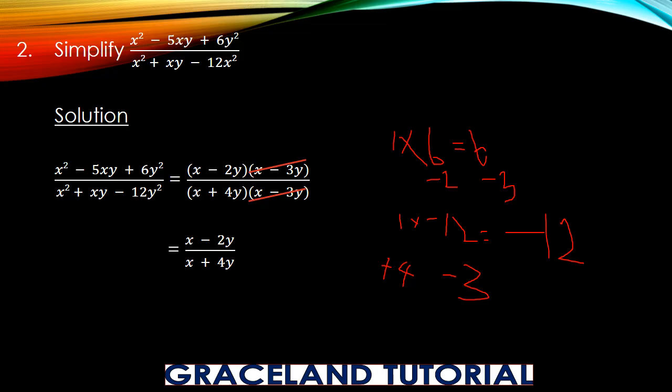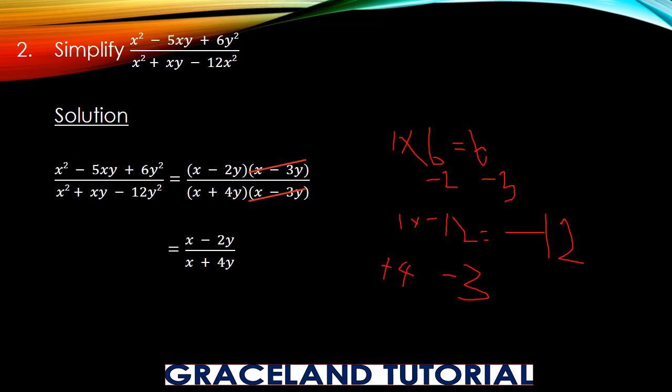Now, the numbers are minus 2 and minus 3. If I multiply minus 2 by minus 3, it will give me plus 6.